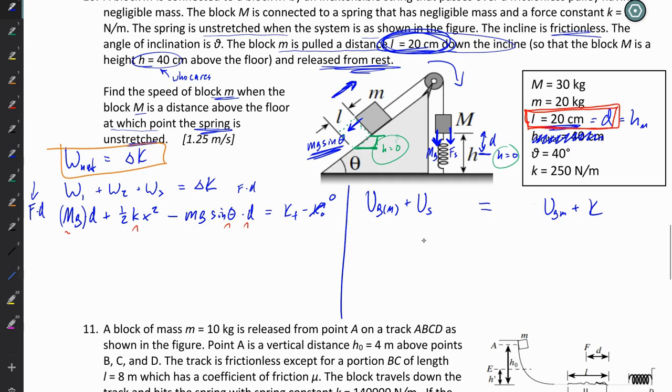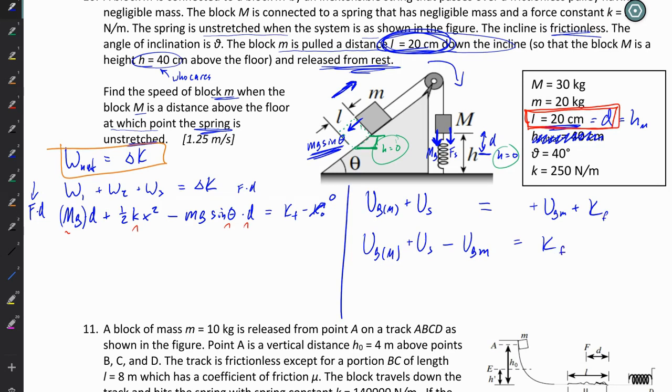If this is positive, the little mass gained some potential energy. Well, on the right-hand side is positive. If we move that over to the left, that would allow us to rewrite UG of big M plus the spring energy minus the energy gained by the little mass, UG little m, equals the final kinetic energy.